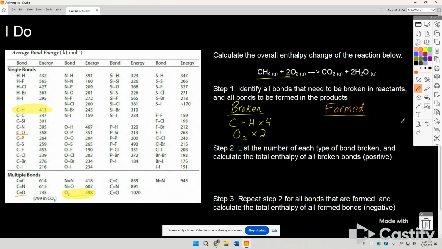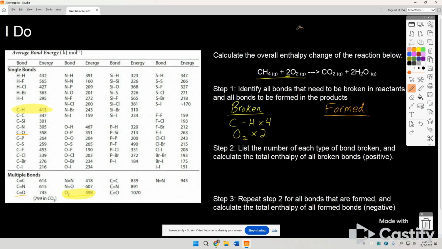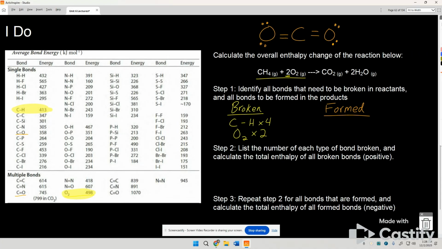But if you didn't have this table, we would have to look at the Lewis dot structure, right? The Lewis dot structure of our CO2 looks like this. Right, we have carbon double bonded to both of the oxygens, and so that would tell you we're not using the carbon-oxygen single bond, we're using the carbon-oxygen double bond, and specifically if you look down here, it has its own value for CO2, which we're going to be using that one because we're making CO2.